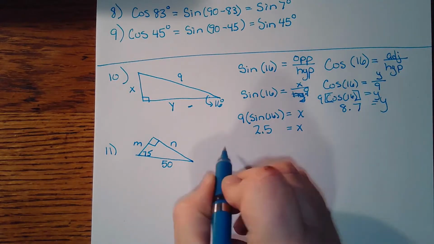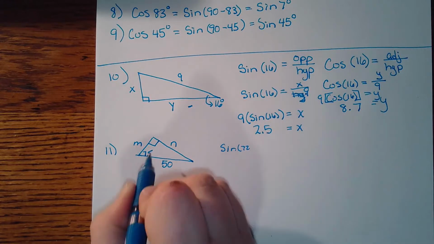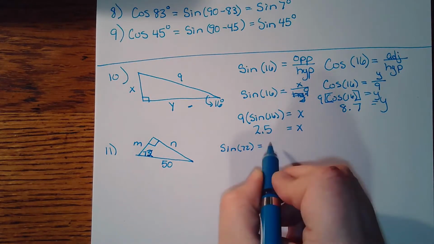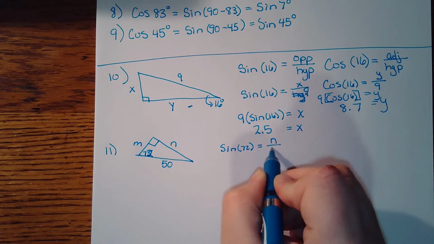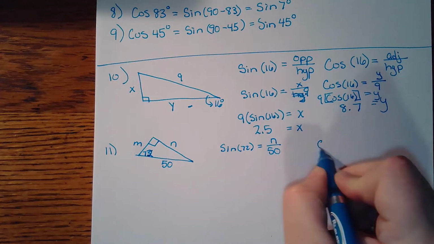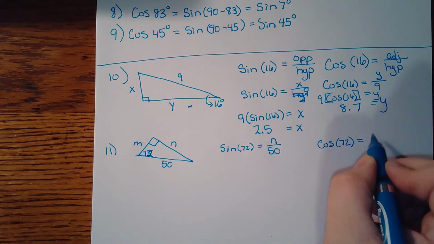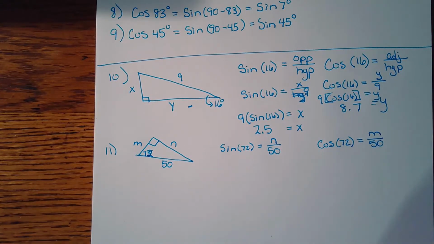So sine 72, I made that one a wrong number. Sine 72 equals, in this case, your opposite, which is n over 50. And then your cosine is still going to be 72, but this time it's going to get you the adjacent, which is m over 50. So you can work those two out and finish them.